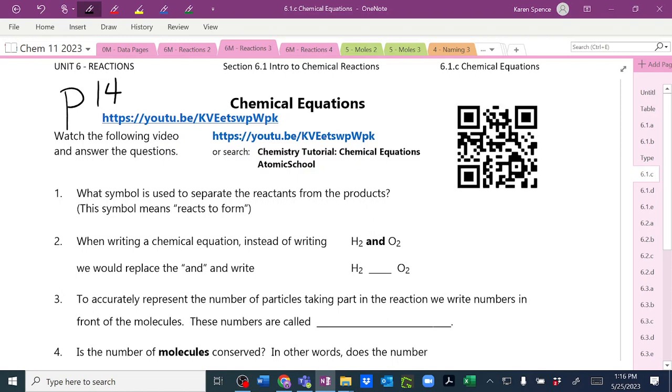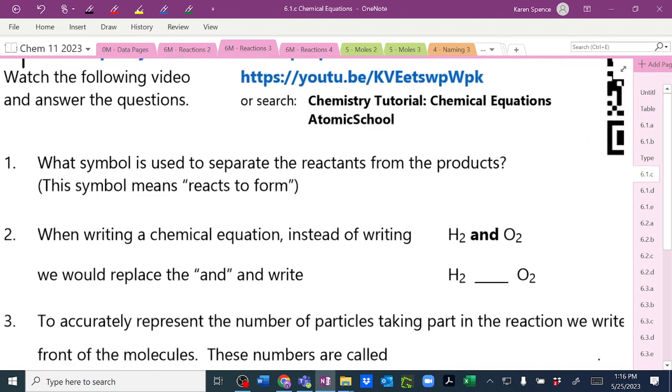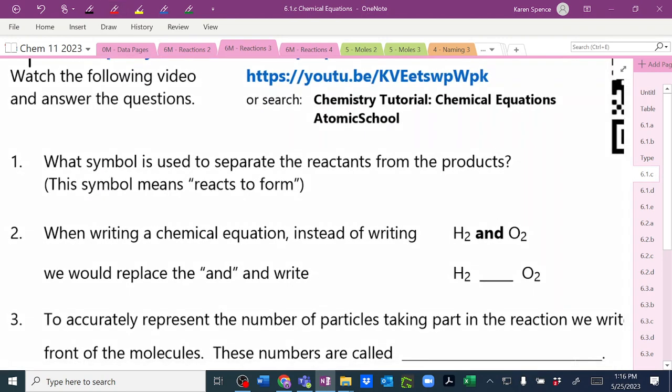There's a video that goes along with this, but I feel like it takes a long time to go through some really basic stuff, so we're just going to jump into it. What symbol is used to separate the reactants from the products? That is an arrow, not an equal sign.